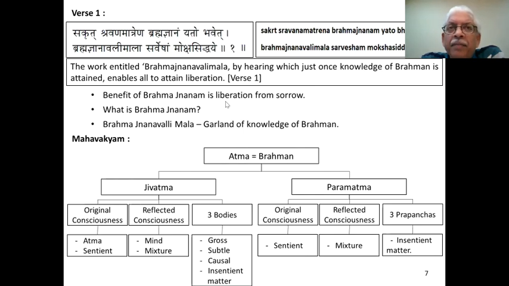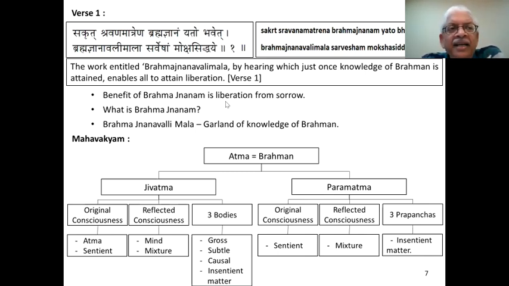Then the three prapanchas, like we have the gross body, subtle body, and the causal body, the reflecting material is called prapancha in the case of the totality. Prapancha means the total matter principle. Gross matter principle is called sthula prapancha. Then the subtle matter principle, that means all the subtle minds put together, is called sukshma prapancha.